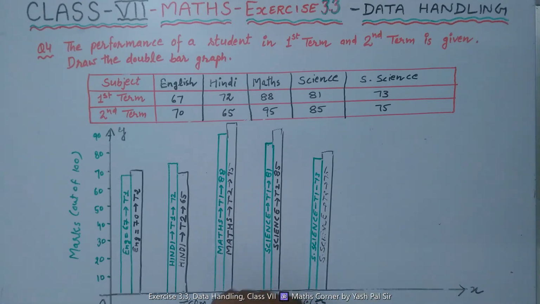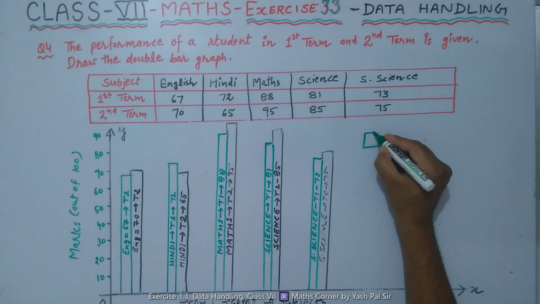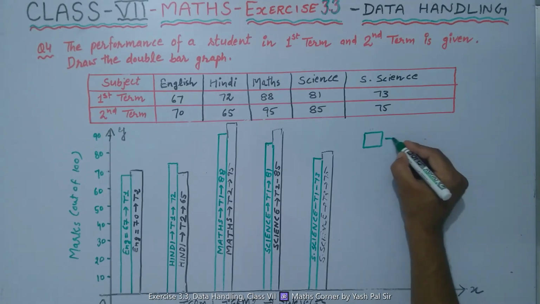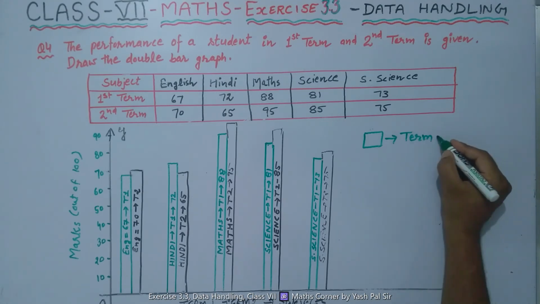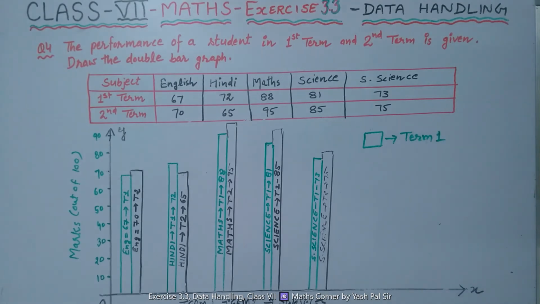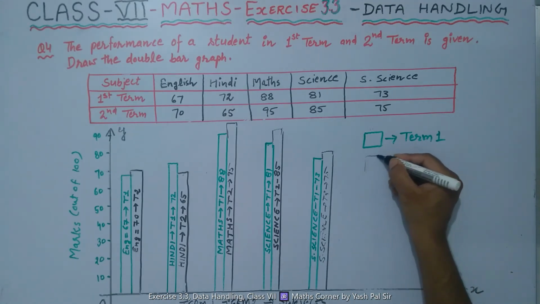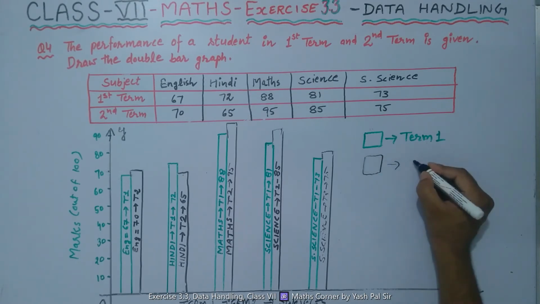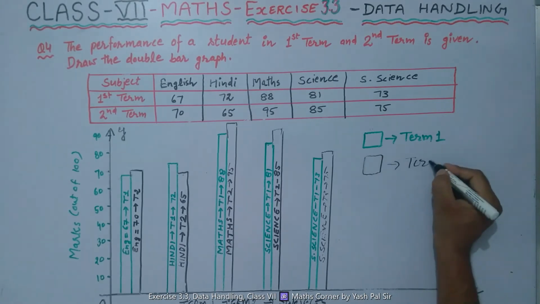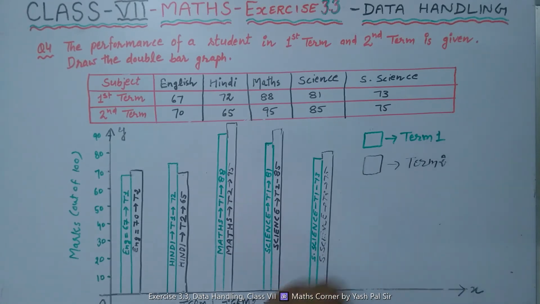So here we can say green pen is used for term 1, whereas we are using black pen for term 2 marks obtained by the student.